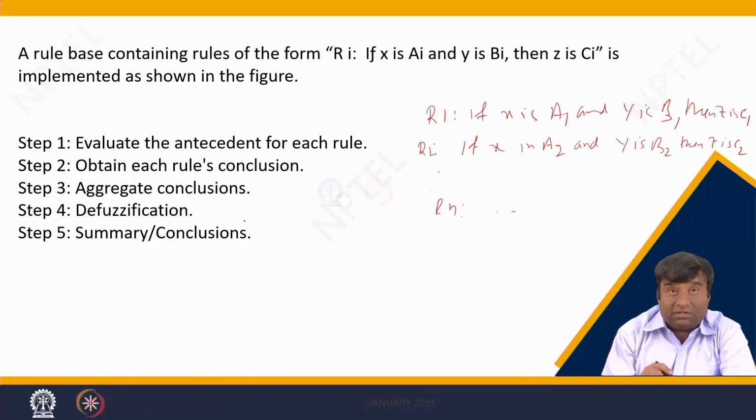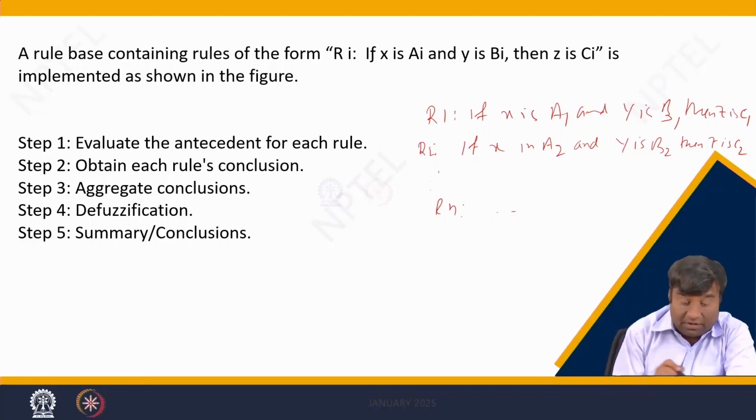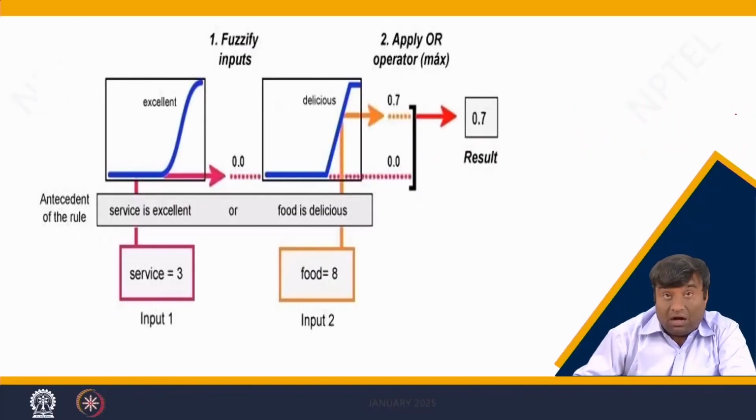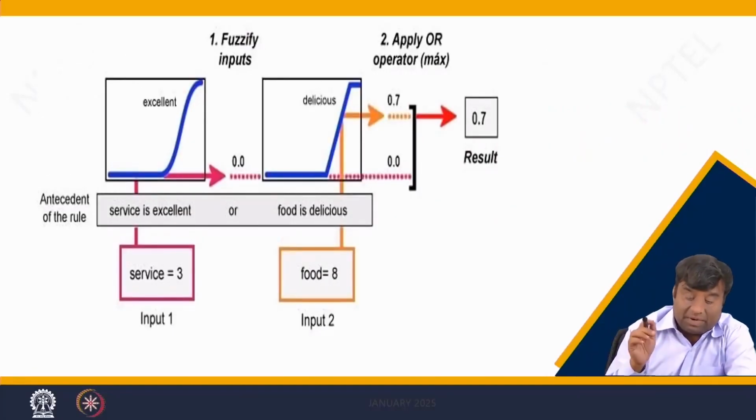We will discuss all these steps one by one. First, let us try to understand rule R1: if x is A1 and y is B1, then z is C1. Here we will get some value, and we will understand this with an example.